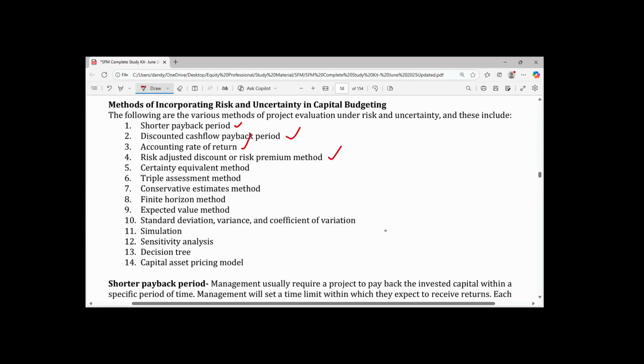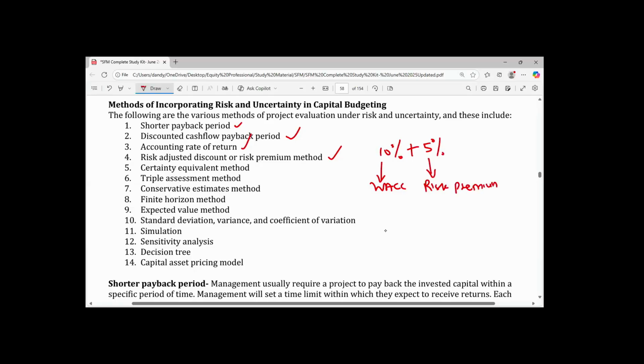Say, for example, a company's cost of capital is 10%. You may be given a risk premium of, say, 5%. So instead of using WACC only to discount the future cash flows, you are going to add the WACC with the risk premium.